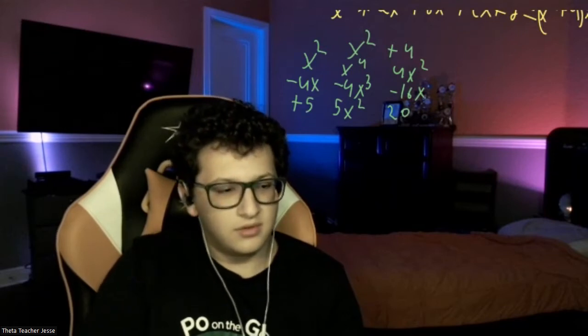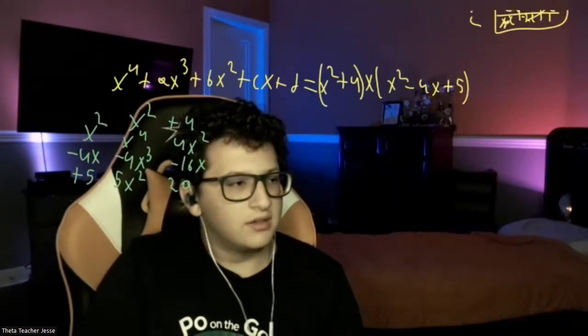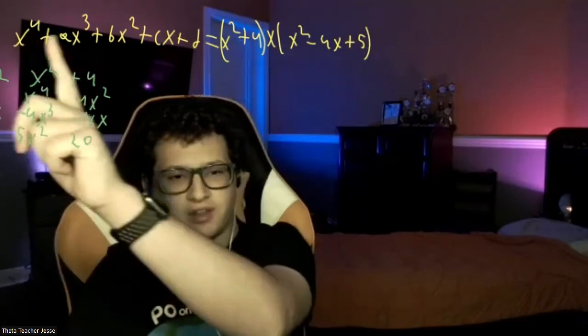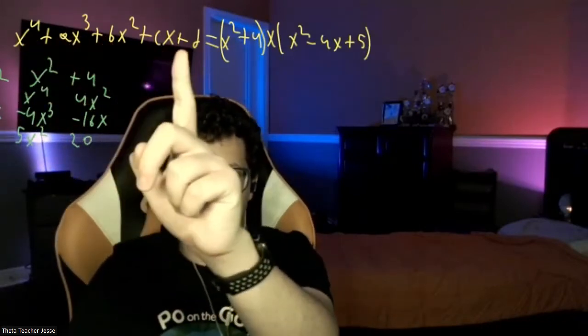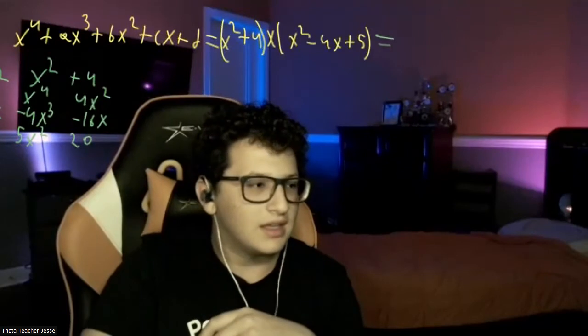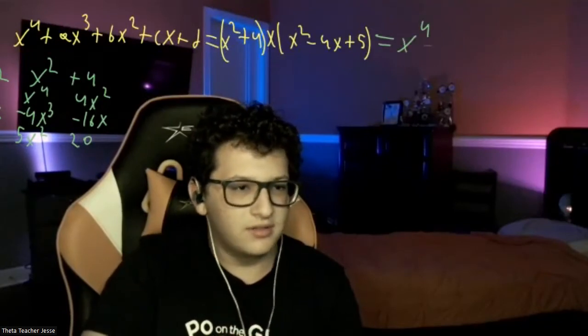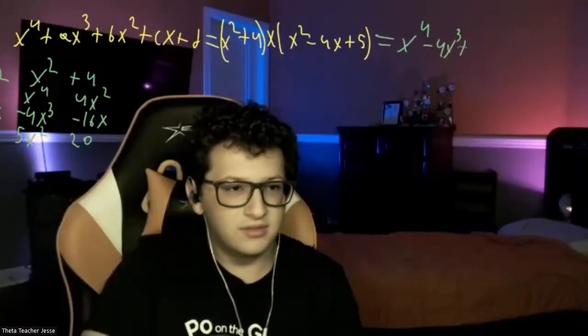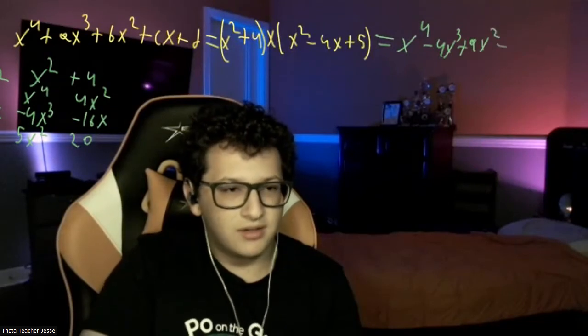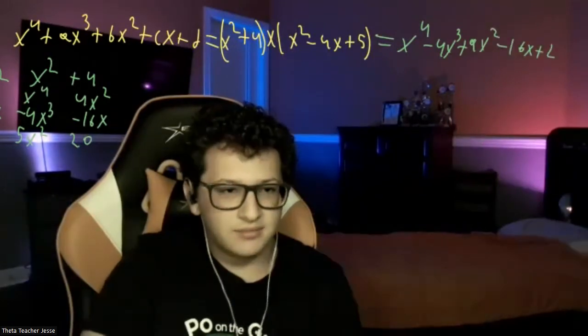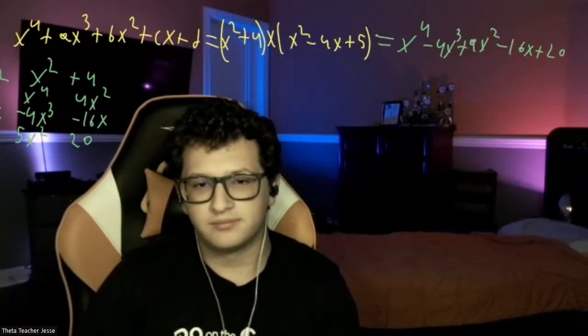So, in other words, here we go, we have x to the 4th plus ax cubed plus bx squared plus cx plus d is equal to x to the 4th minus 4x cubed plus 9x squared minus 16x plus 20.